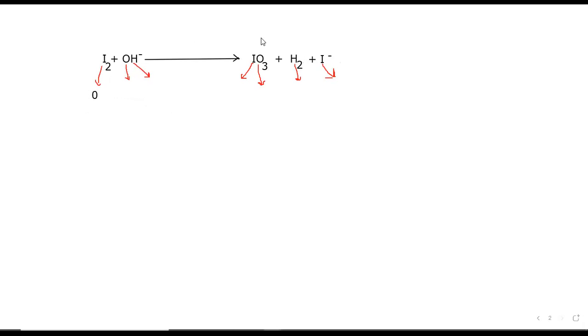So first things first. We have this iodide molecule here, I2, plus OH, that is the hydroxide ion there. Now this iodide has no overall charge. And because it has no overall charge, it will have the oxidation number of 0.